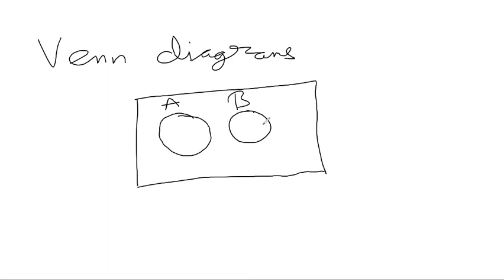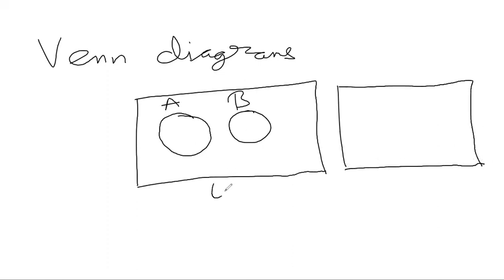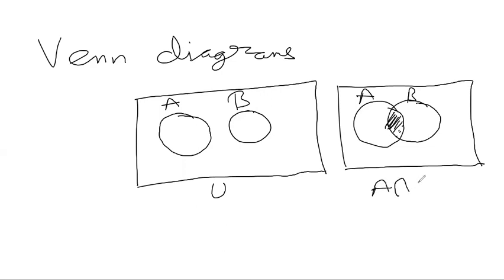If A and B overlap, this is A, this is B, and this is common between them. The shaded portion is called A intersection B, meaning whatever common elements are there.